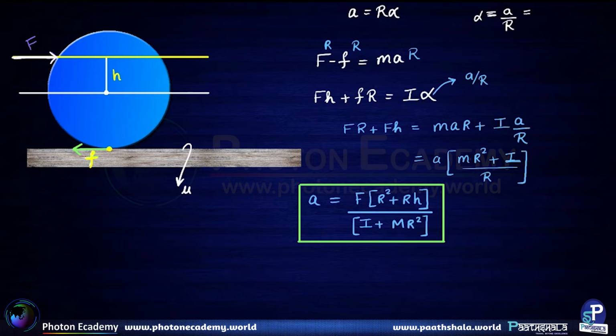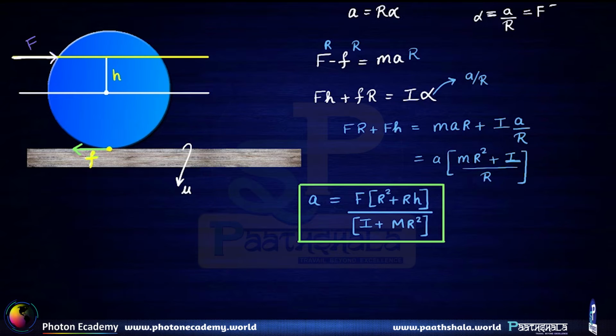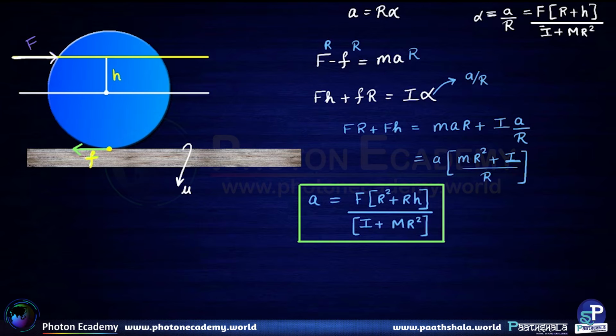So that is going to be equal to F into bracket (r plus h) upon (I plus mr square). Simply. No need to remember this particular value of alpha.